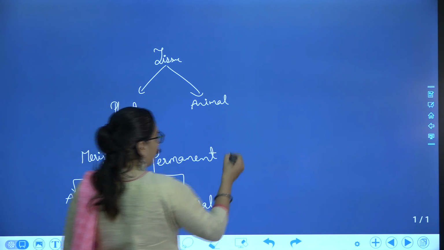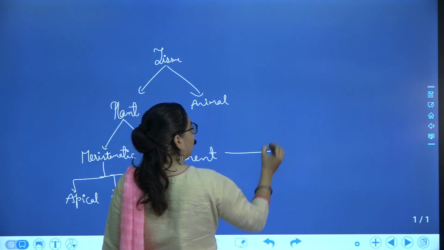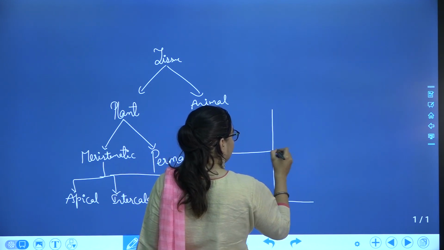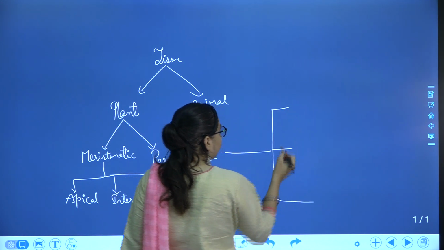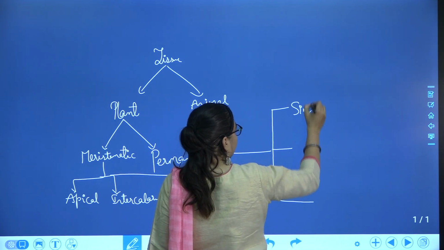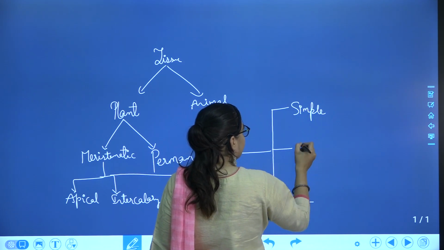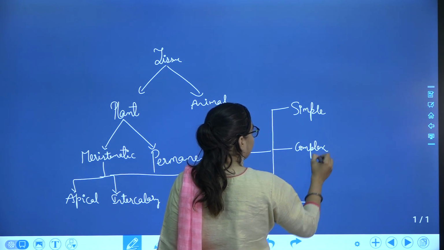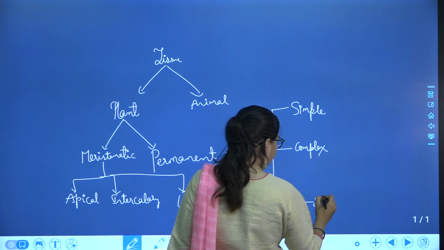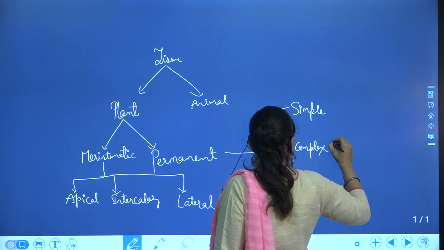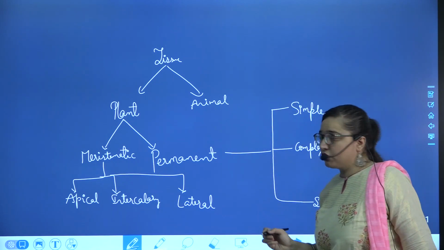Coming to permanent, permanent is of 3 types. Simple, complex, and special. This we have already discussed.